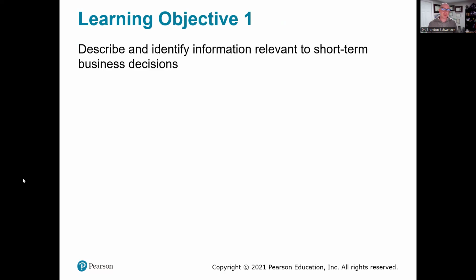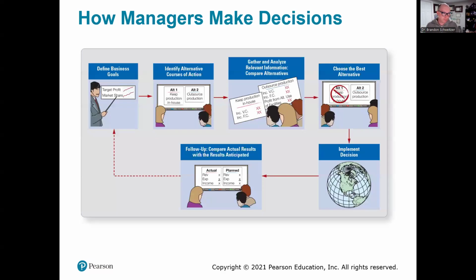So first, let's talk about how we describe and identify information when it comes to our short-term business decisions. So this step shows an illustration of a manager pointing at a linear graph, which is a graph of target profit and market share.